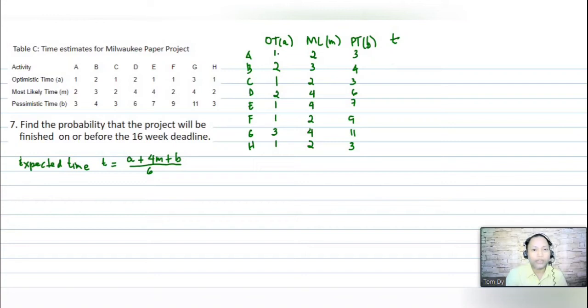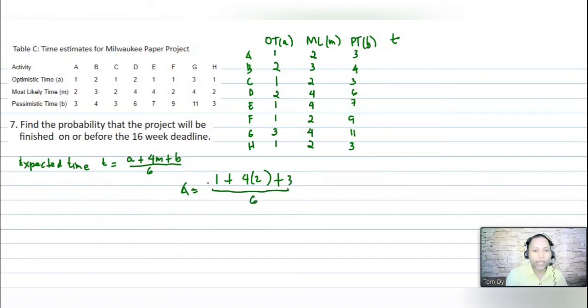For the expected time for A, 1 plus 4 times 2 plus B, that is 3, all over 6.